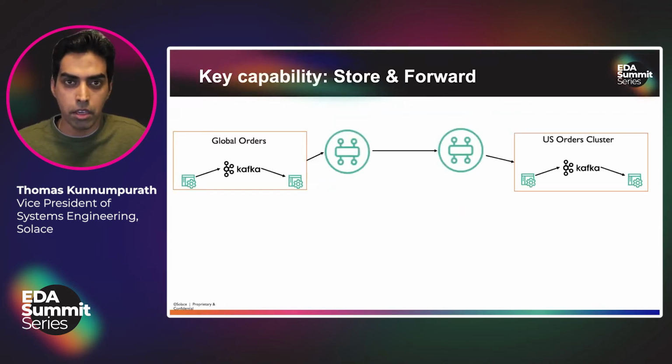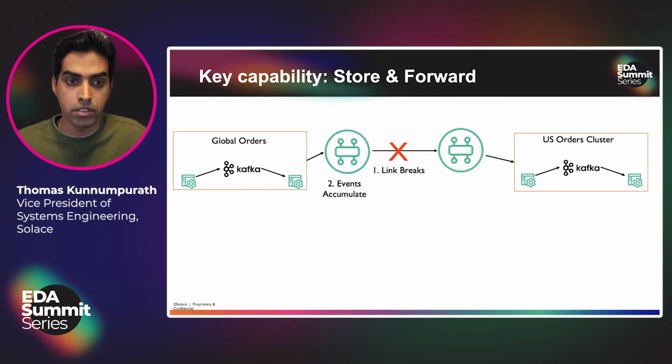The next key capability is store and forward. So this is very critical in locations where there isn't a reliable network connection. In this case, you're sending orders from your global orders Kafka cluster to your US orders Kafka cluster using that topic filter that was previously explained. And what happens when there's a network break between these two Kafka clusters?